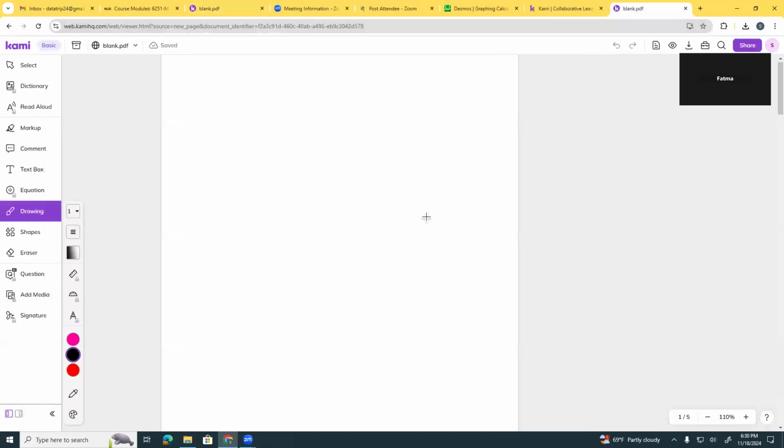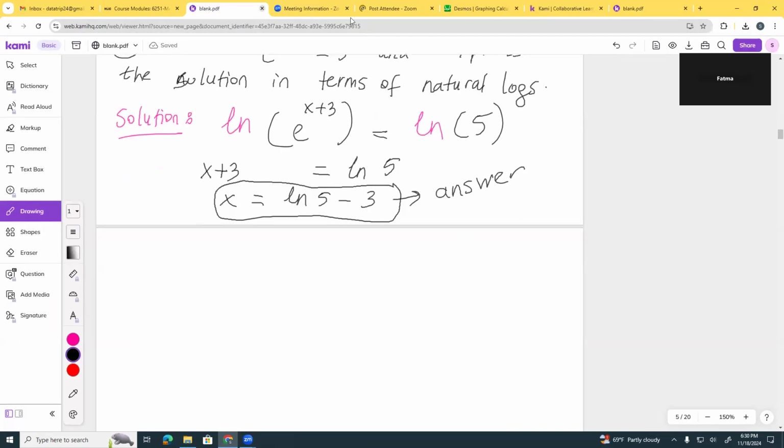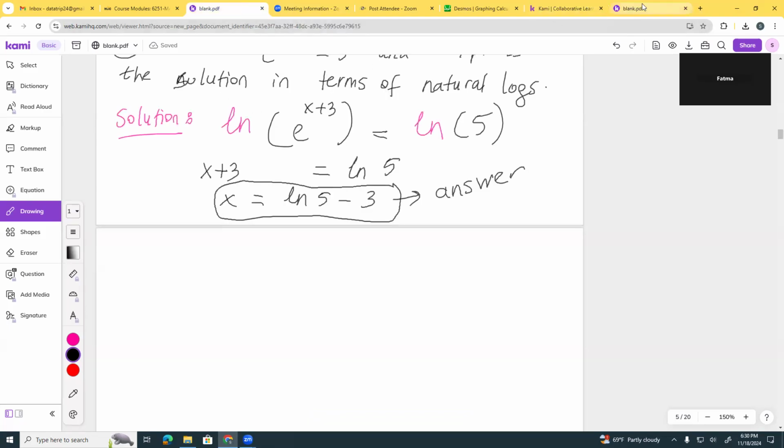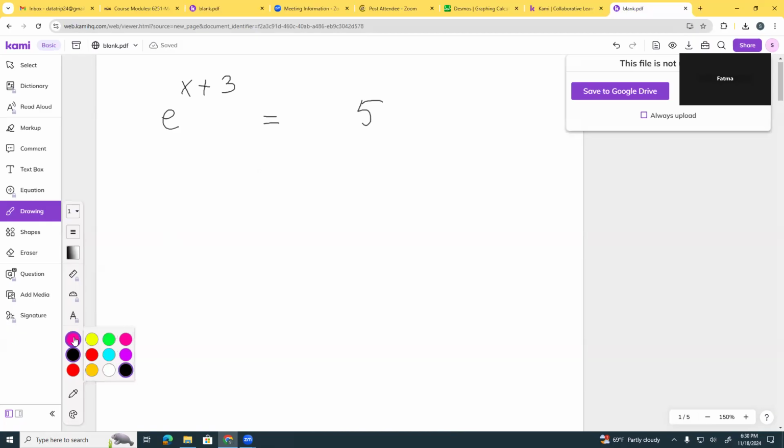So the question was e to the power of x plus 3 is equal to 5, right? We said because x is in the exponent, and we want to solve for x, we're just going to take the ln of each side, right?